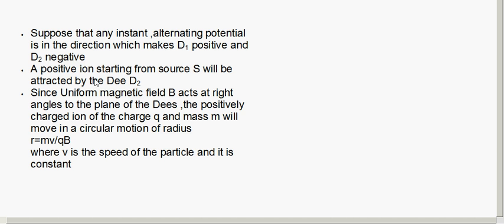Now a positive ion starting from source S will be attracted by D2. Since uniform magnetic field B acts at right angles to the plane of the Ds, the positively charged ion of charge q and mass m will move in a circular motion of radius mv divided by qB, where v is the speed of the particle and it is for the time being constant inside that D.